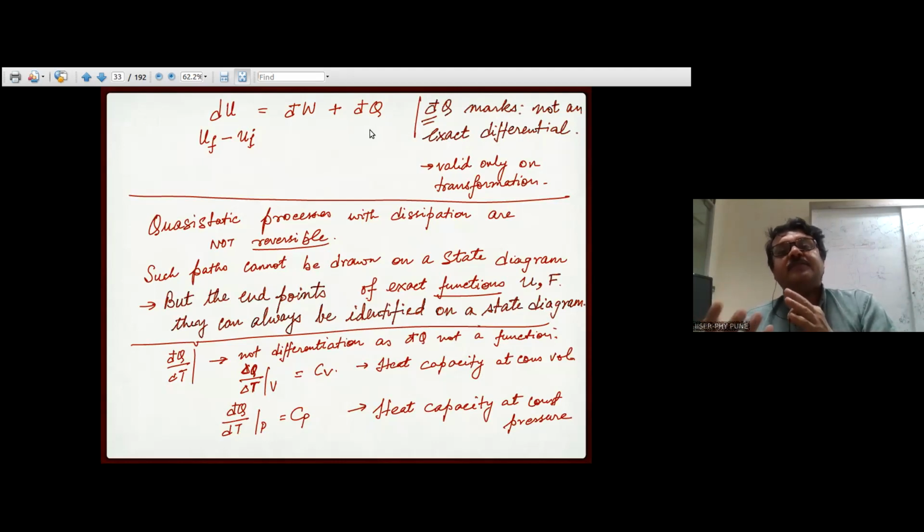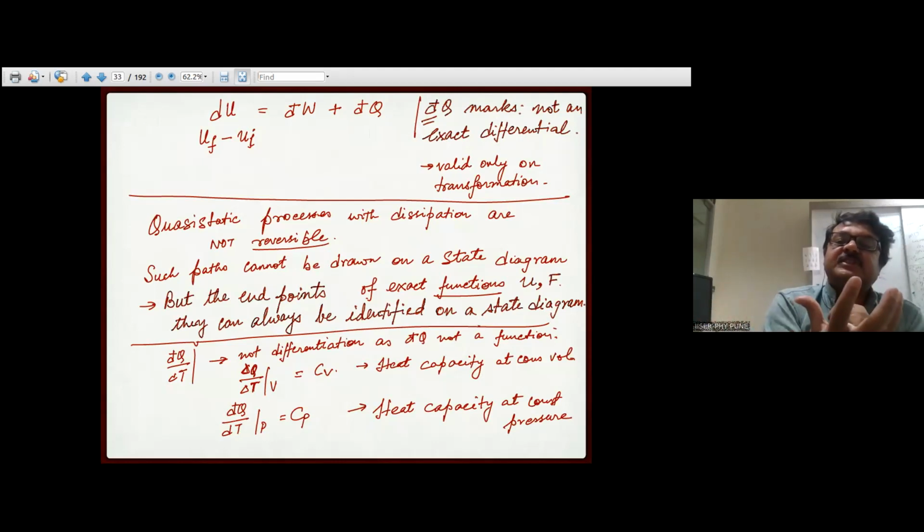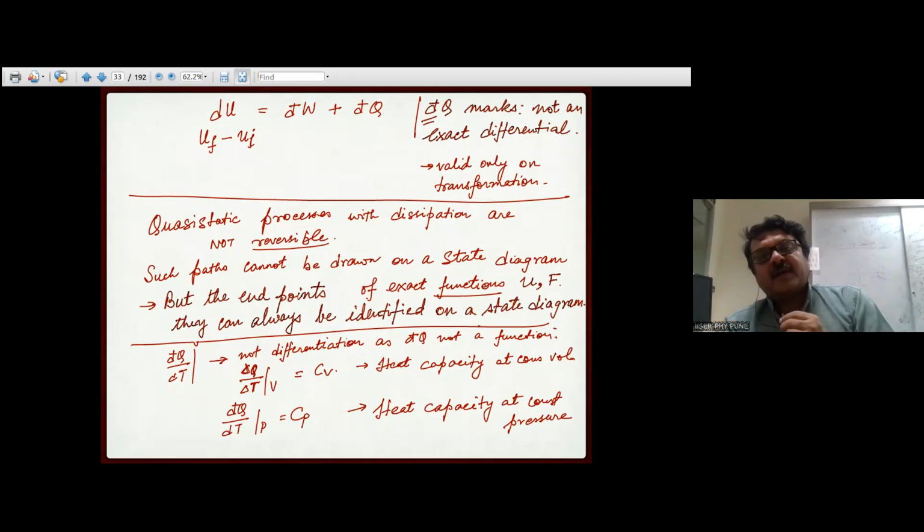They are not a property of the system. Internal energy, once it has reached equilibrium, is a property of the system. Once you fix P and V, internal energy is fixed for a certain matter, right? But these things, depending upon what path you take, can vary: the amount of heat taken in, the work done, and so on.